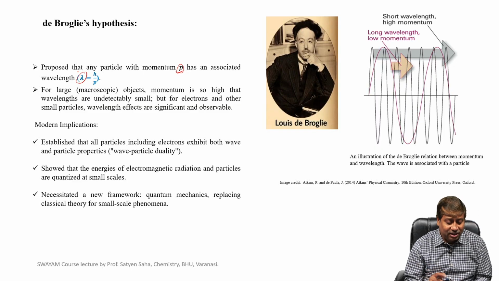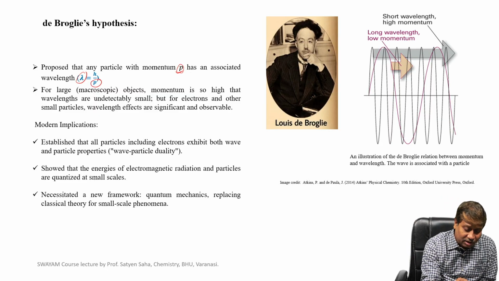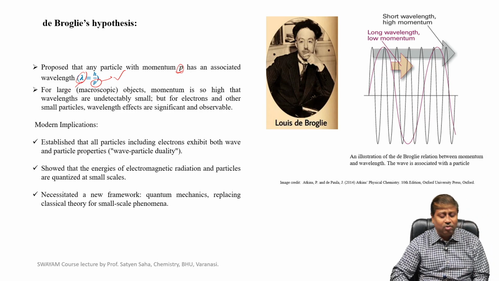So, for larger objects like a steel ball, cricket ball or tennis ball, the momentum is so high that the lambda will be very small to observe.